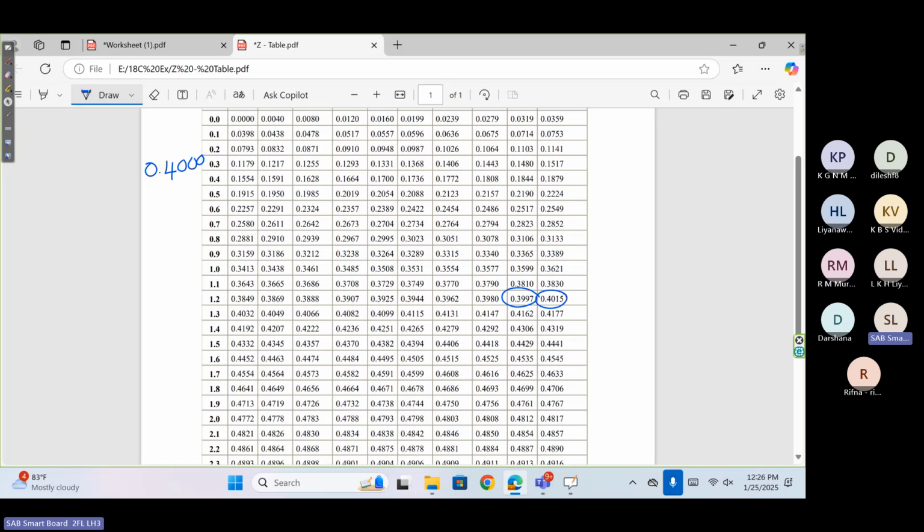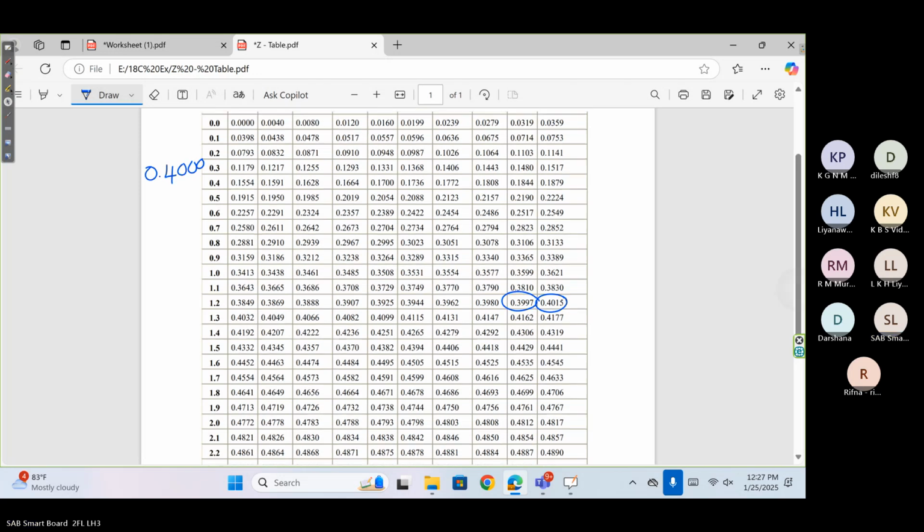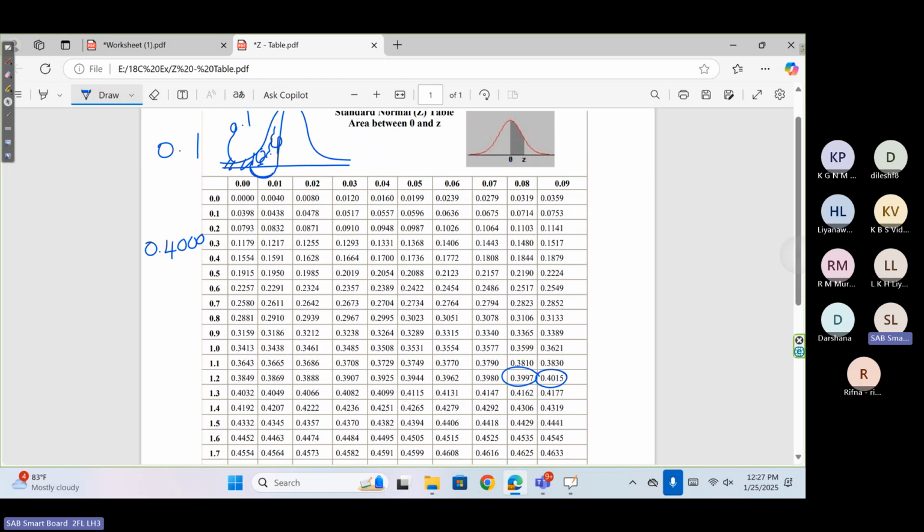Okay, then which one can we choose? We select the nearest one. Which one is the nearest to this value? 0.3997. Then we find out what the Z value is here.